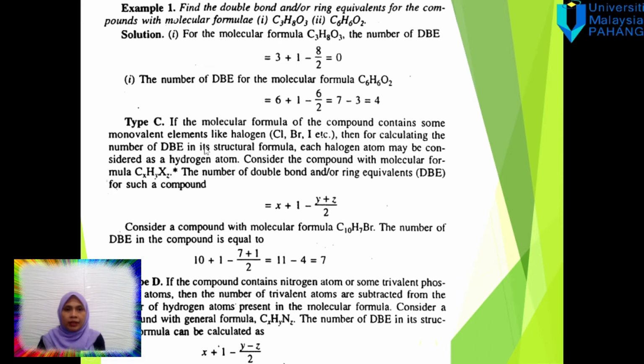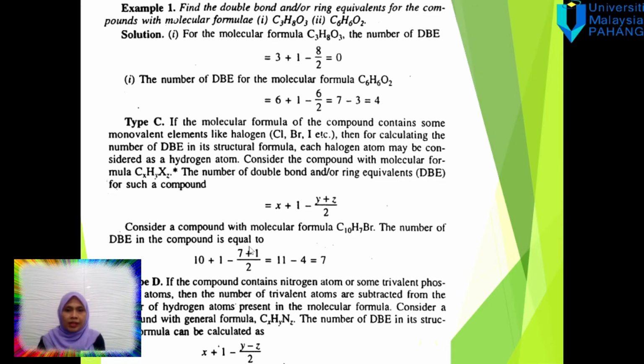Next example, with the presence of a heteroatom which is halogen inside our structure. If the molecular formula given is C10H7 with bromine, what will we do with the DBE? How to calculate? Based on the formula C plus 1 minus H divided by 2, the number of C is 10 plus 1, and 7 is the number of hydrogen.